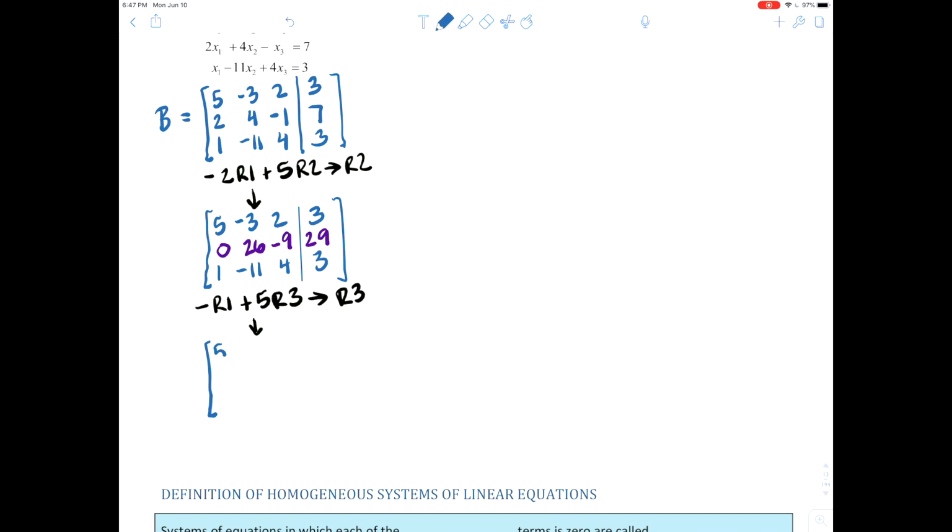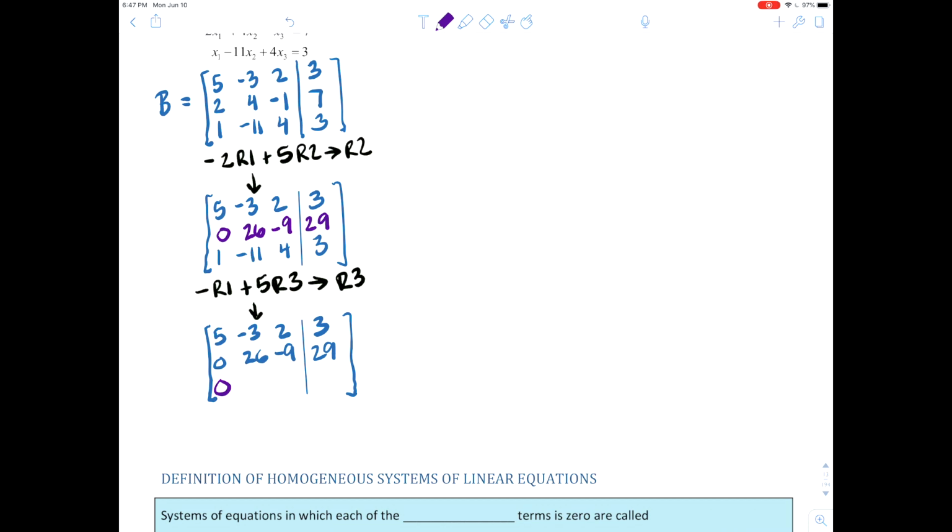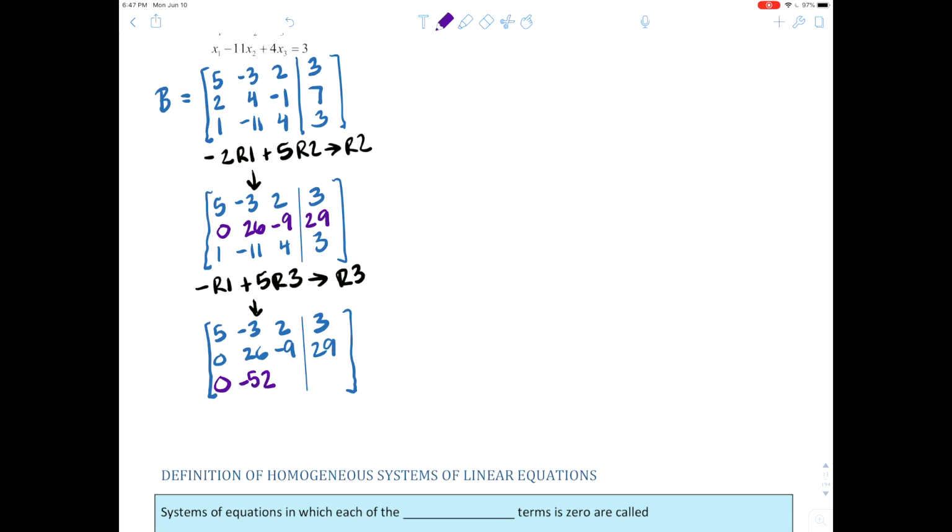So I'm rewriting the rows that won't be changing this time, and that's rows 1 and 2. So our new row 3 will end up with negative 5 plus 5 is 0, like we planned. And then we'll have positive 3 minus 55 will be negative 52. And then a negative 2 plus 20 will give us 18.